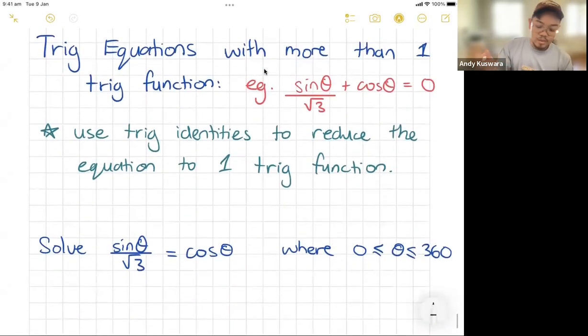But here's one more. If I've got trig equations with more than one trig function, essentially it could look like sine theta on root 3 plus cos theta equals 0. Basically, your goal here is to reduce the equation to one trig function. If you've got sine and cosine, I need to rearrange until I just get something on its own.